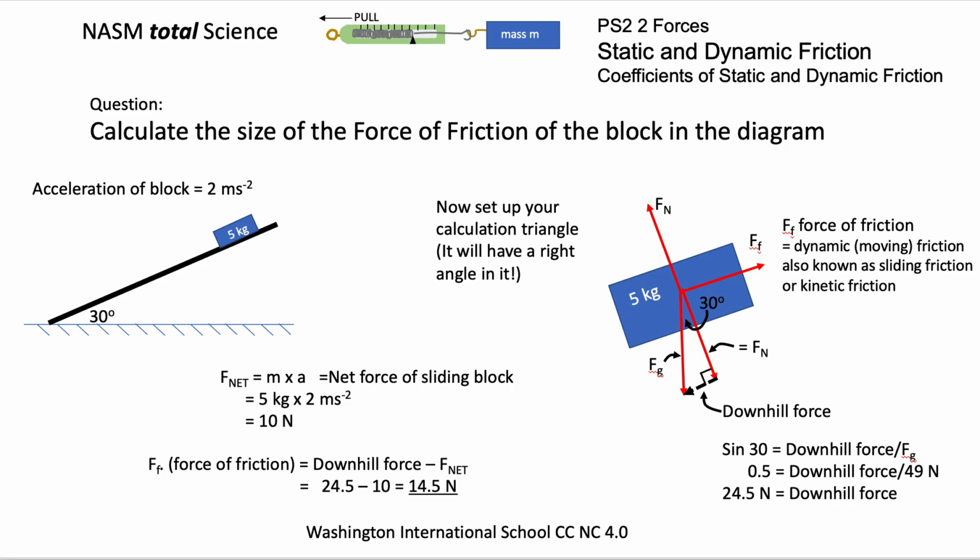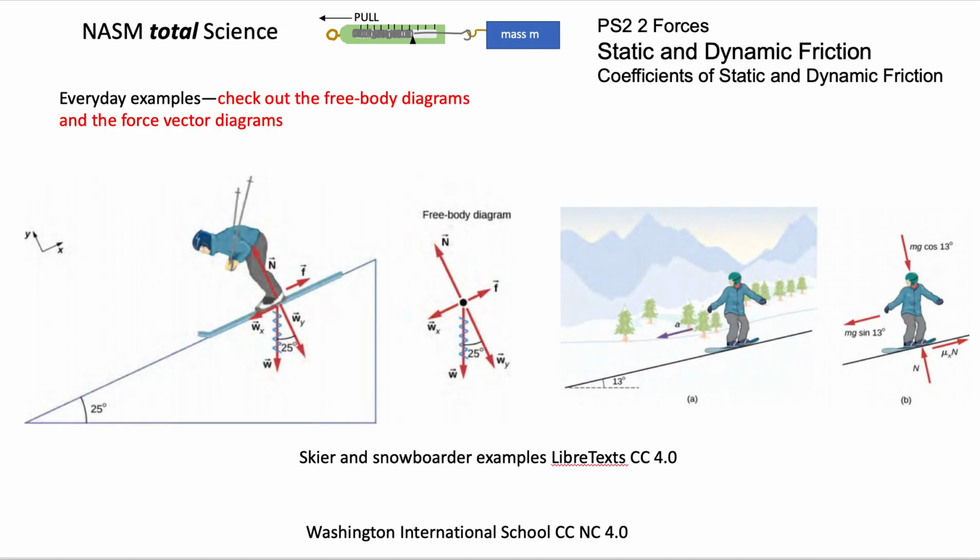And the force of friction equals the downhill force minus the net force. And so you've worked the net force, which is mass times acceleration. And so we've just worked out the downhill force and the force of friction. Subtract net force from the downhill force and you get your 14.5 newtons.